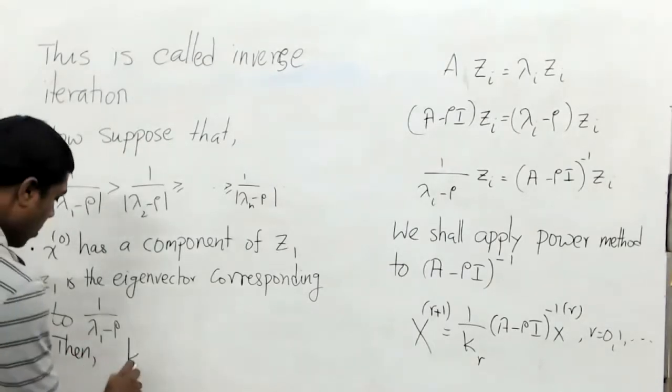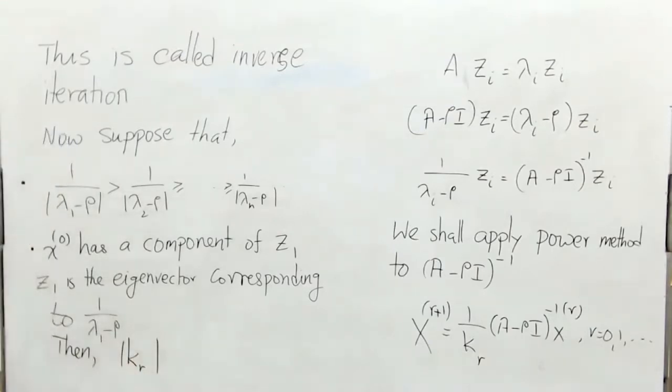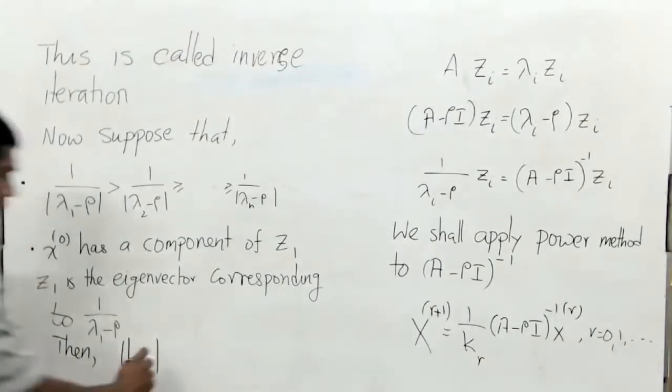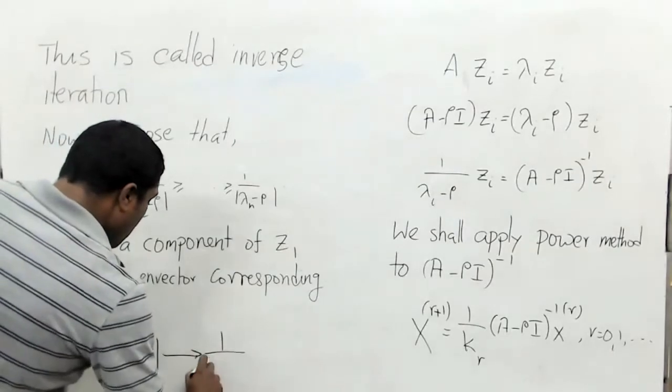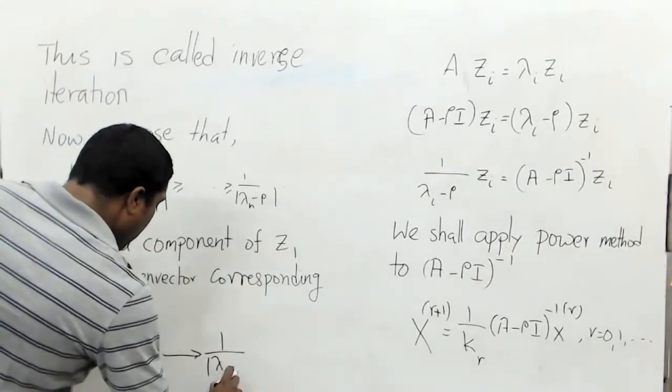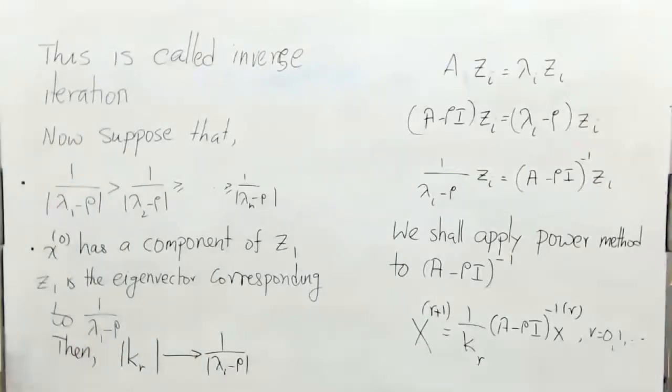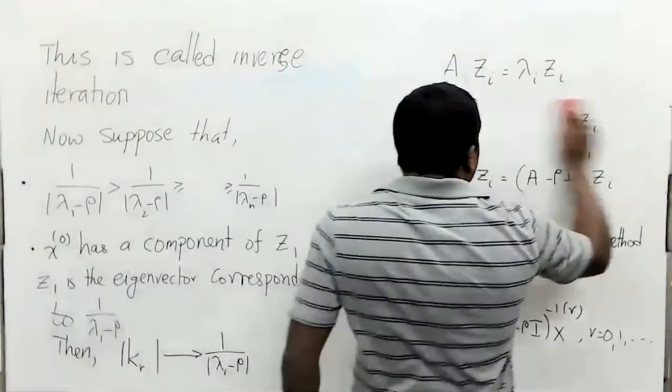In that case, the sequence kr will converge to 1 upon lambda 1 minus rho, and so we can prove that the sequence kr converges to the largest eigenvalue. The proof is very similar to the proof we have in the power method, so I am not going to redo it.